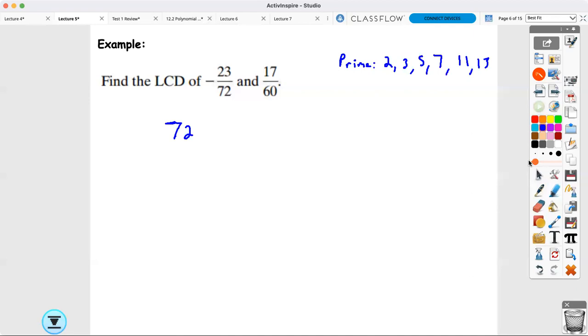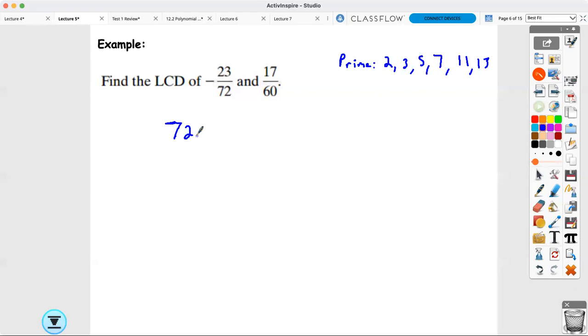To find the prime factorization of a number, you start with the number, and then you write two factors that multiply to give you 72. Could anyone tell me what 2 numbers we can multiply to get 72? Any 2 factors. The only thing is they have to be whole numbers.